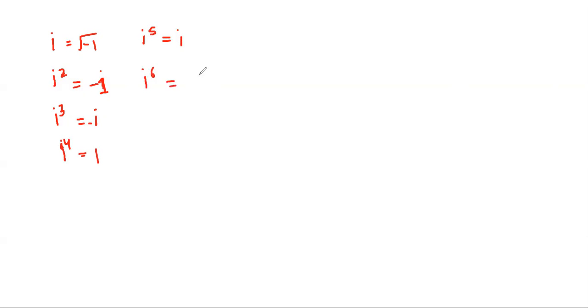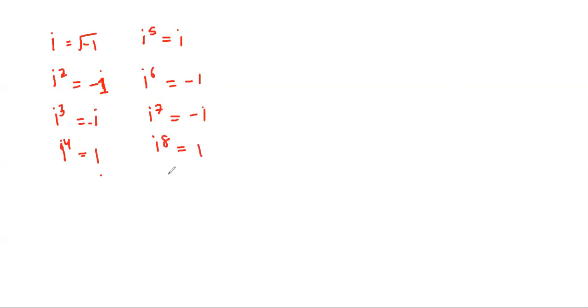Moving further, I will again write down the powers because I need to use them here. i is equal to square root of -1. i square is -1. i cube is -i. i raised to 4 is 1. i raised to 5 is i. i raised to 6 is -1. i raised to 7 is -i. i raised to 8 is 1.